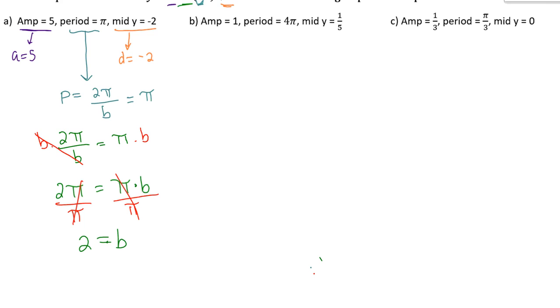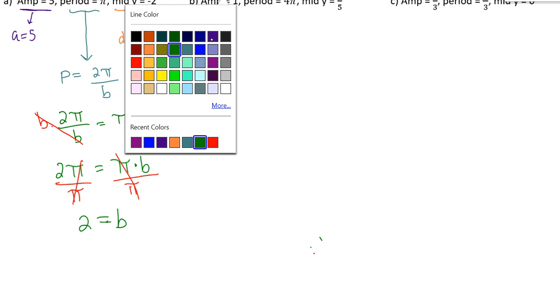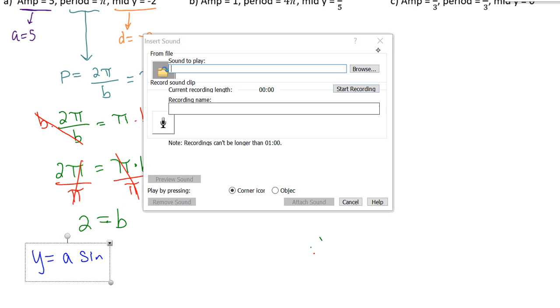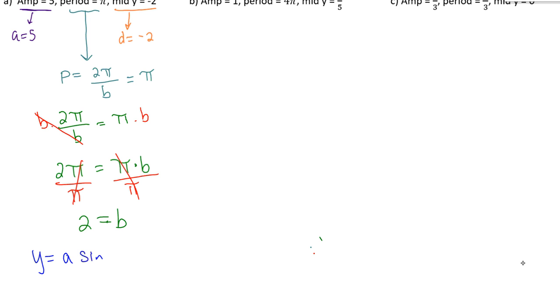Those are the values that we're going to actually plug in to make our equation. So we had y equals a sine of bx plus d. Okay, plugging in what we've got.